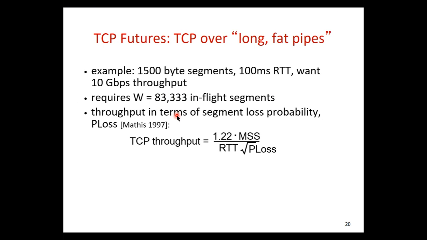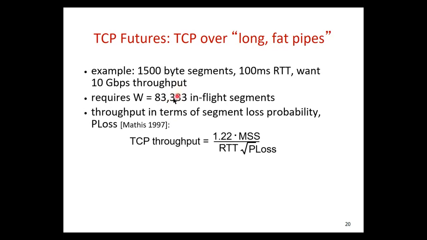Do you think it's moderate? Do you think it's large? Yes, it's very large. So what this shows us is that when you are in the case of long fat pipes or large bandwidth delay product, it is a challenge to maintain a good throughput. You need a very large window.